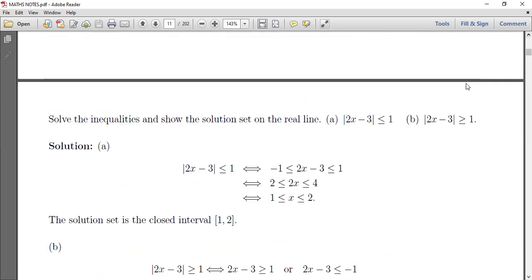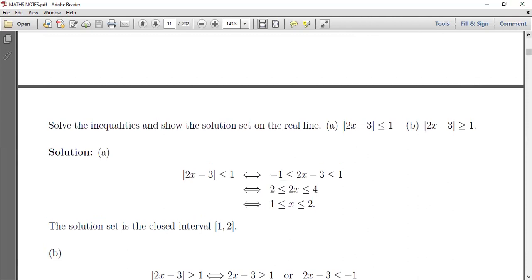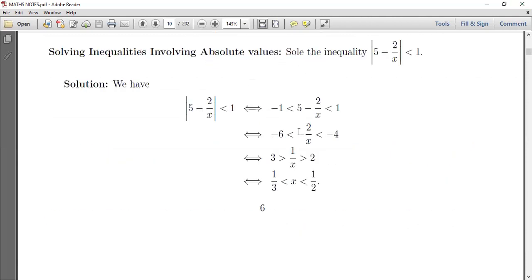When you're solving such an inequality, we want to remove this 5, so we subtract 5 both sides. Another way is to separate: take this inequality first and solve it, then take the other inequality and solve it, and combine your solutions if they can be combined.